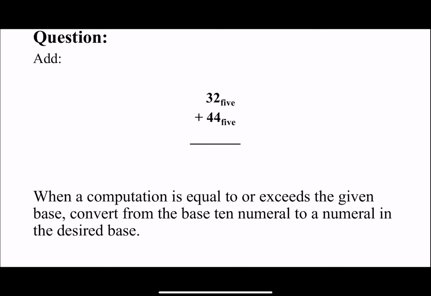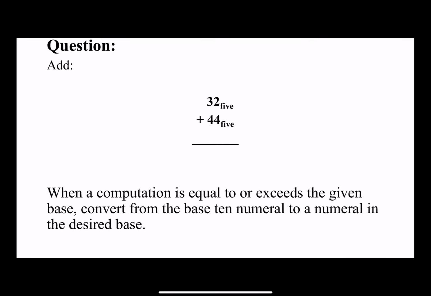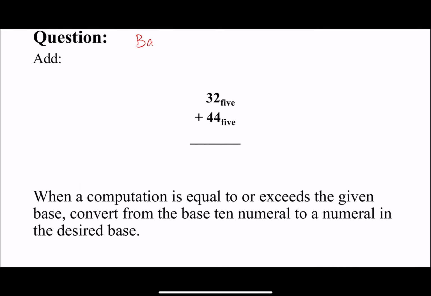Okay. Well, first of all, it's base 5, right? So I write down the digits that are allowed in base 5. In base 5, we are allowed to have from 0 to 4. So 0, 1, 2, 3, and 4 are the digits that are allowed in base 5, right?